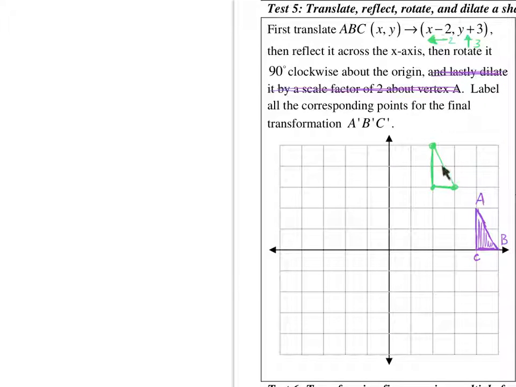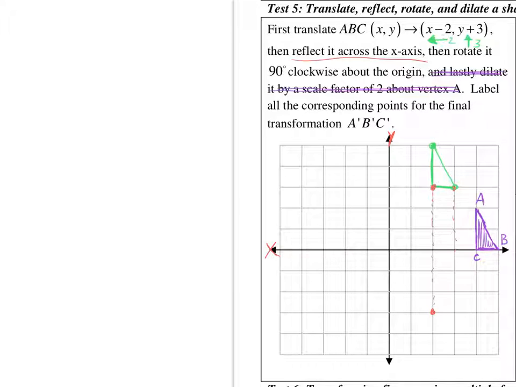So our next step is, it says here, we're going to reflect across the x-axis. So for reflecting across the x-axis, hopefully you understand this is the x and this is the y. So I'm going to take this dot right here of the green graph and reflect it across the x-axis. So if you look at that, that's 3 up. So I'm going to go 3 down.